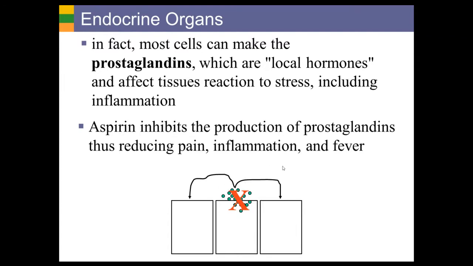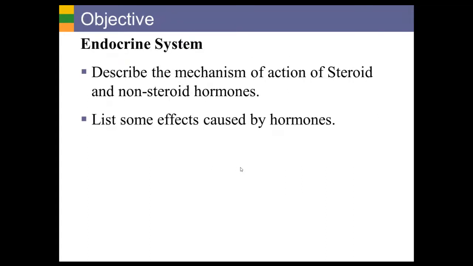It's not going to be on a quiz or an exam, right? I'm sharing this with you just to let you know how aspirin works, and to make sure you understand that by no means are all the hormones we're going to talk about as we go through the endocrine system representative of all of the hormones produced by the human body. There are many, many others.